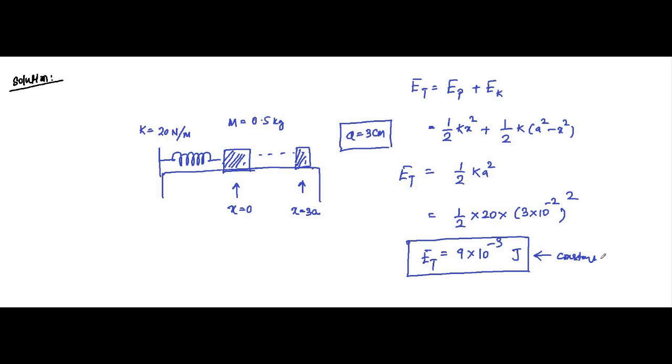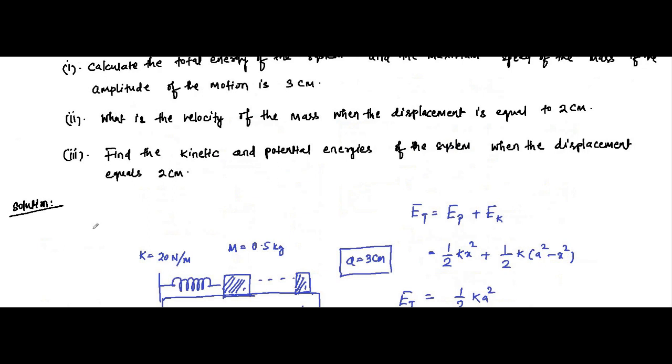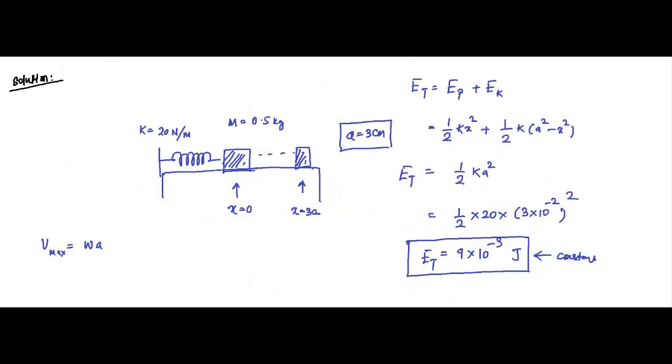There are two ways we can do this. I will show you both. First is the straightforward way. We know that for SHM, the maximum velocity or speed is equal to omega into A. A is the amplitude, omega is the angular frequency. Here omega is not given, so we have to calculate it.